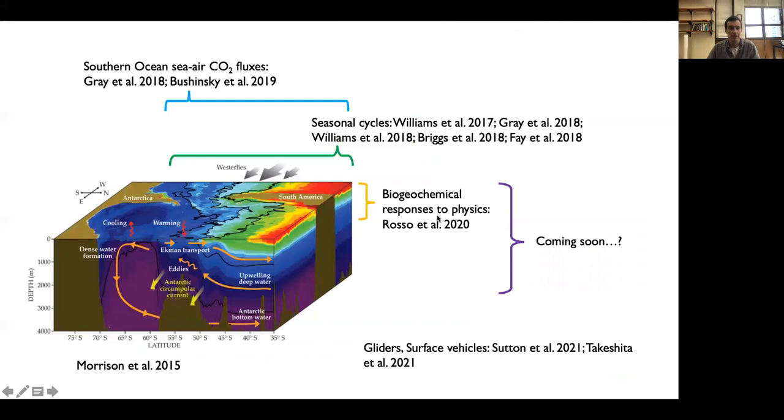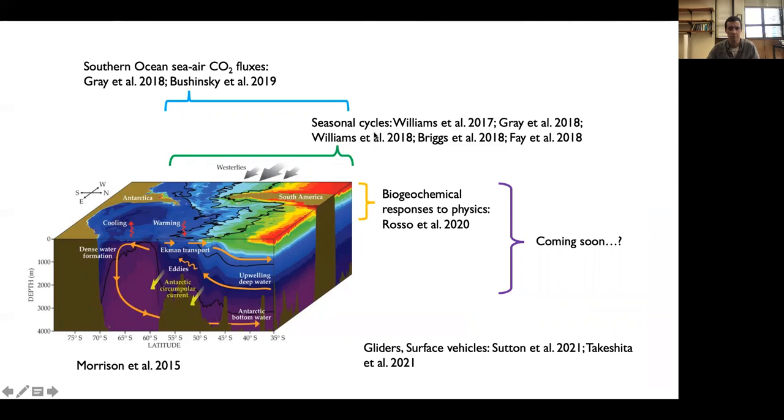So just to wrap up and put things sort of in context, this is going back to that Morrison-All diagram. So I talked about air-sea CO2 fluxes and some work that we've done looking at the large-scale air-sea CO2 fluxes in the Southern Ocean. So also showed some work in seasonal cycles.